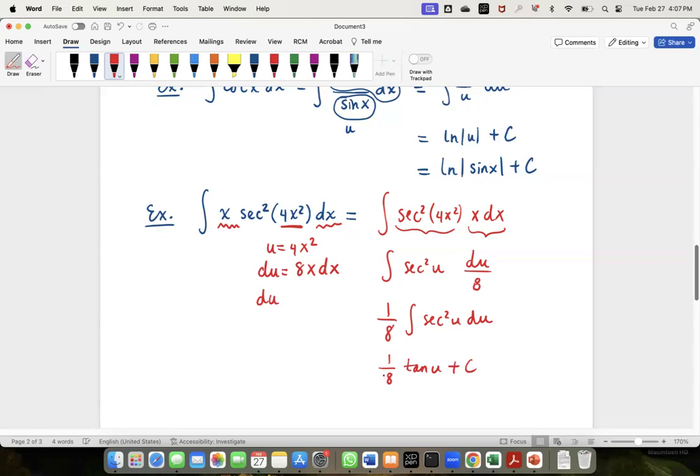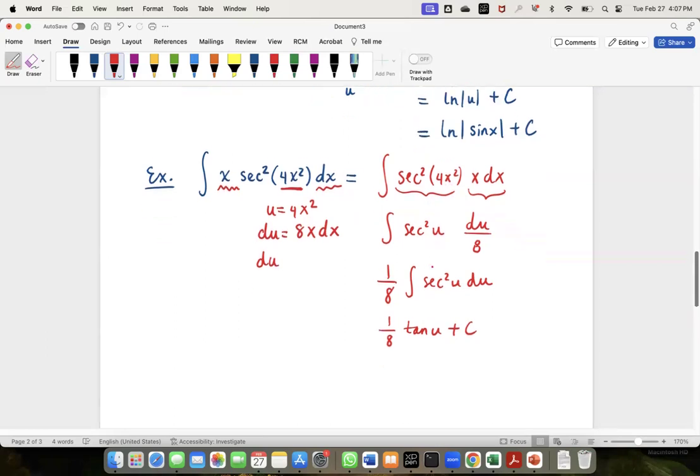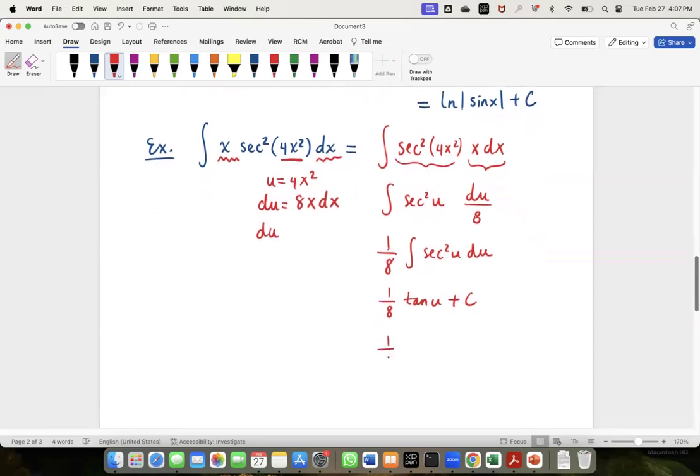So I hope this makes sense. So you're looking at something outside in the leftover portion, which gives you the derivative or a constant multiple of the derivative of the function that you call u. So you write it back again, it's going to be 1 over 8 tangent 4x squared plus c.